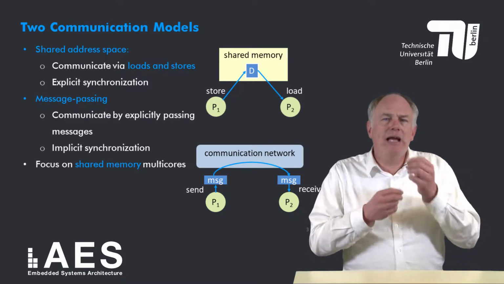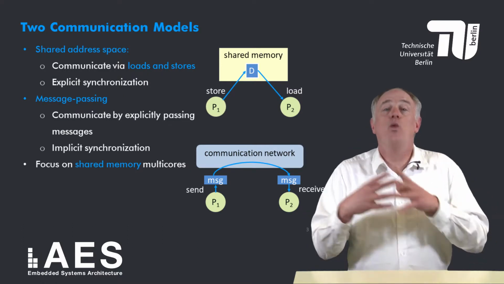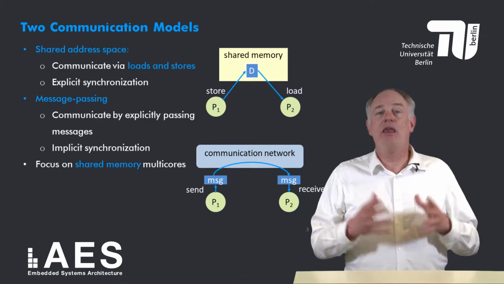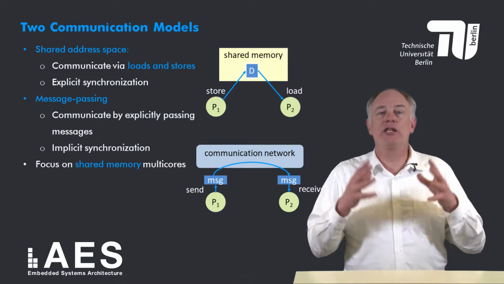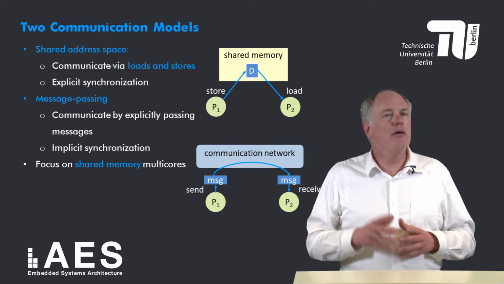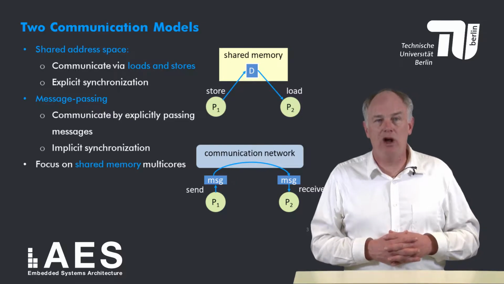However, if the application is highly dynamic and you don't know beforehand which core is going to perform which parallel task, then shared memory programming is considered much easier, and I tend to agree with that. For this reason, in this course, I will focus on shared memory architectures.